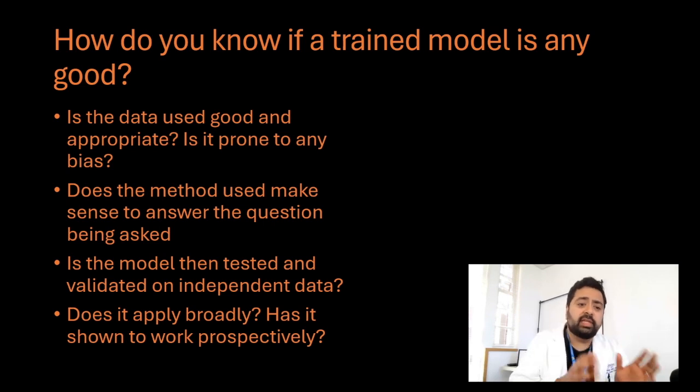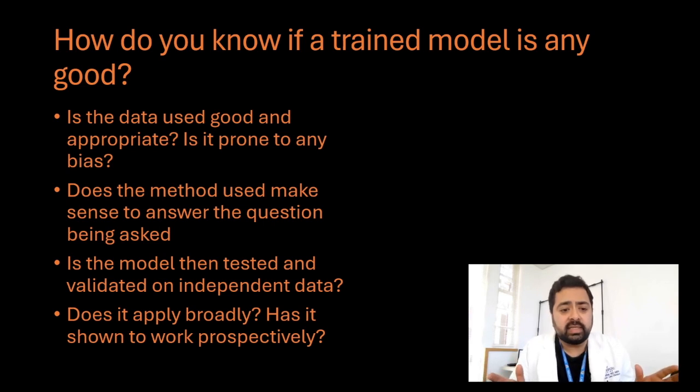If you don't put in good data, or you don't clean your data properly, or don't use a representative data set, chances are your model is not going to work when you apply it in real life. So you want to make sure that the data that you're collecting and the data that you're giving to the models is good. It's appropriate if you're using labels for a supervised learning method, that those labels are done well. You want to make sure your data set is representative of your patient population. You want to make sure you're accounting for any biases in your data itself.